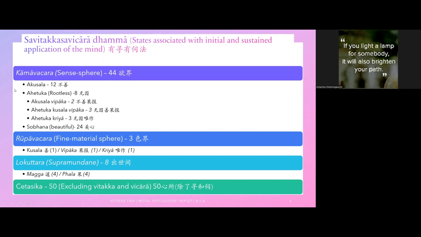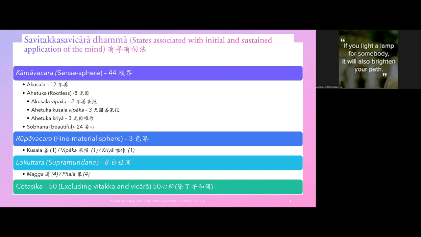So now we will look at the first term, savitakkasavicārā dhammā, and what analytical states are classified under it. Here we get the states classified under three bhumi, three spheres: the kāmāvacara, rūpāvacara, and lokuttara. Under kāmāvacara, we get 44 consciousness.